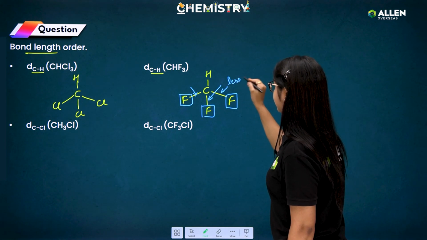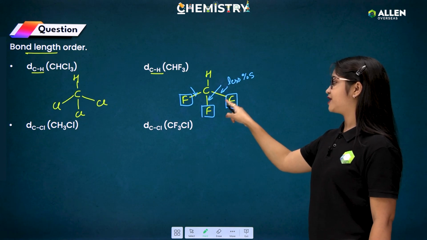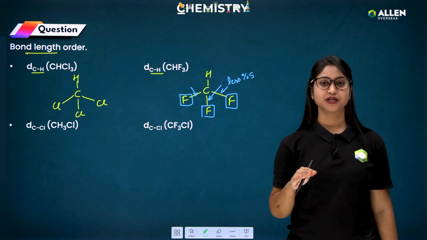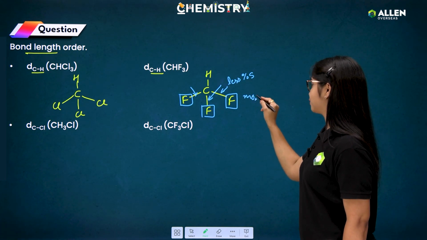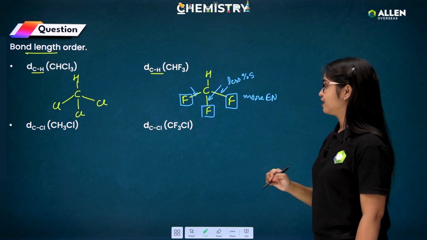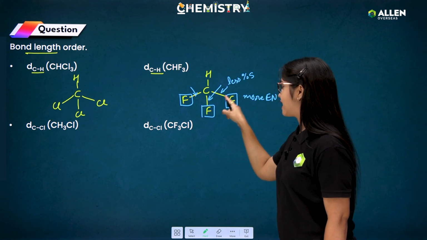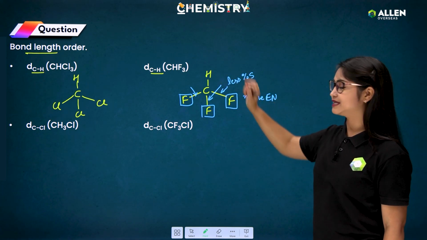So we can say here it will be less percent s character in these 3 bonds due to these more electronegative elements, fluorine, okay, fine.